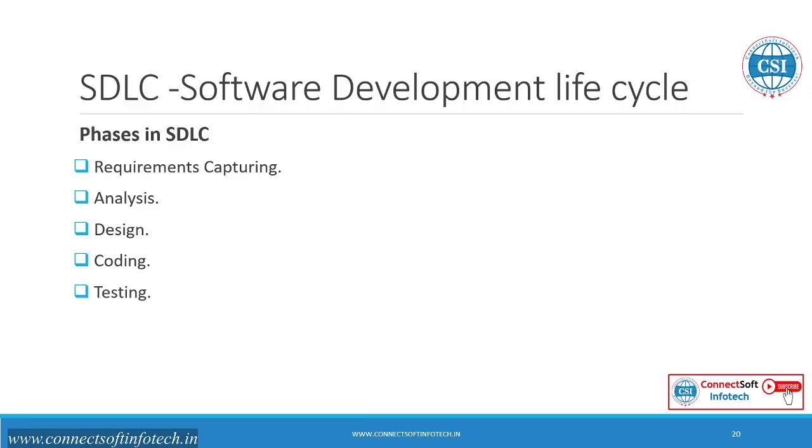After the completion of coding, the next phase in SDLC is the testing phase. In this phase the testers test the application or software product as per the client requirement, as per the functional requirement.